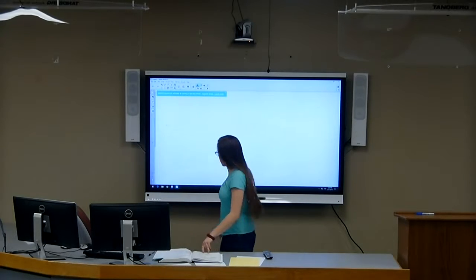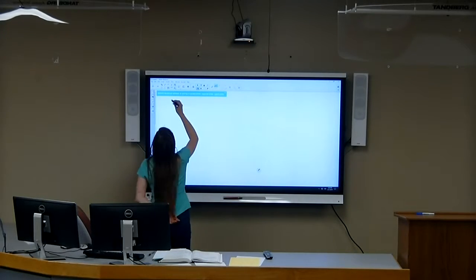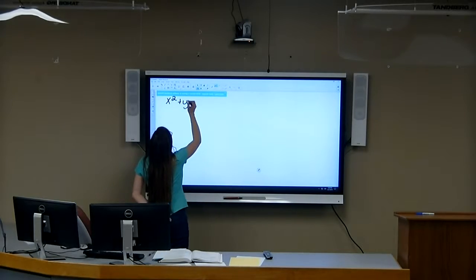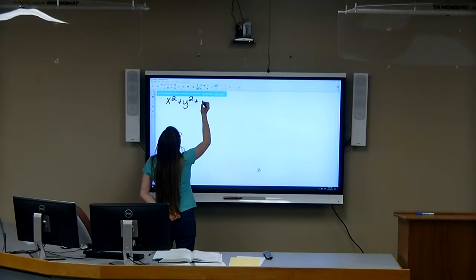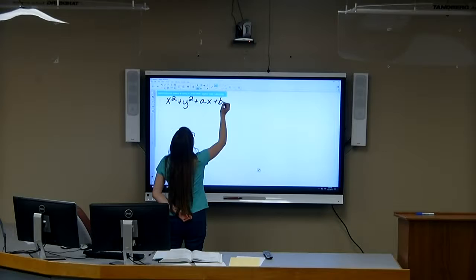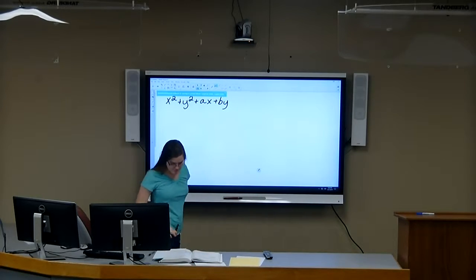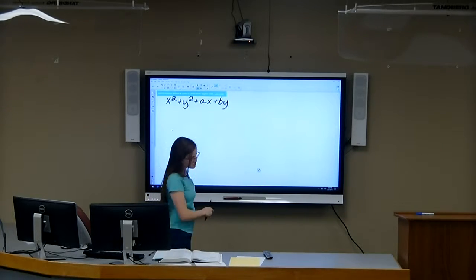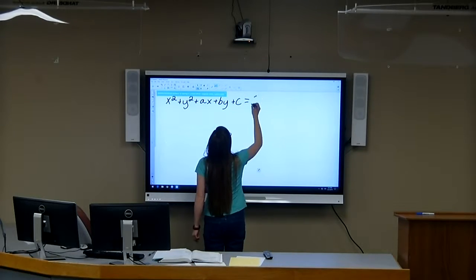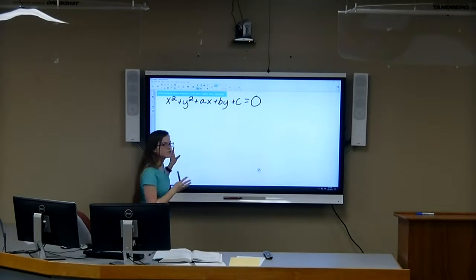Okay, x squared plus y squared plus ax plus by plus c equals 0. This is the general form for a circle.